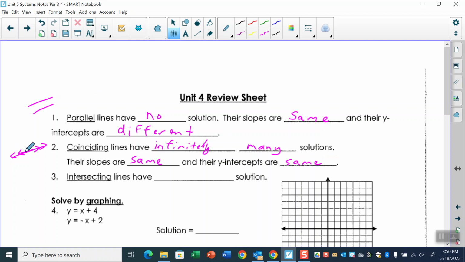So there's an infinite number of points that are on both lines, right? Because the number of points that they both have, that's the number of solutions. So no intersections, no solution. Infinite intersections, infinite solutions. Intersecting lines only have one solution because they're straight, and so they only intersect one time.